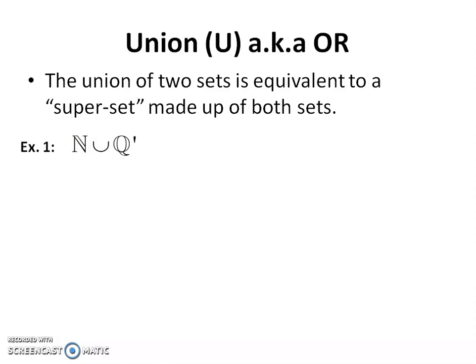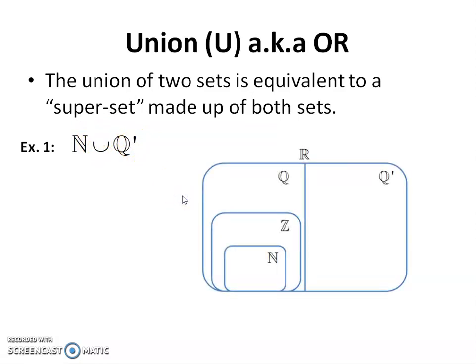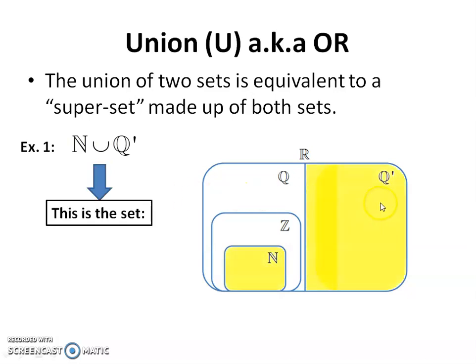Visually, as an example, the natural numbers union the irrational numbers would look like this. You would take the set of natural numbers, you would take the set of irrational numbers, and everything that's highlighted in yellow here, that whole thing is the equivalent of one set, which is denoted by this entire combination of symbols, N union Q apostrophe.